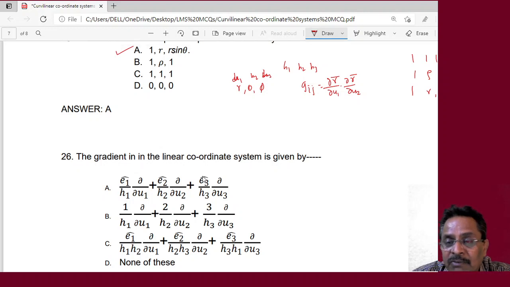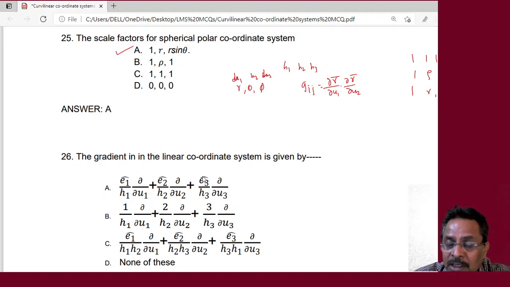For Cartesian it is 1, 1, 1; for cylindrical only the intermediate scale factor h2 is rho, otherwise it is 1, rho and 1; and for spherical it is 1, r and r sine theta. Remember these nine parameters across the three coordinate systems, because you will get at least one or two questions based on this. Deriving them is mathematical, but remembering them is not that difficult.